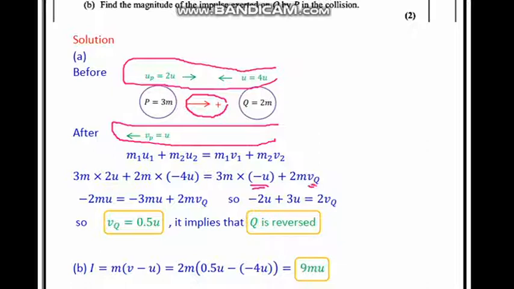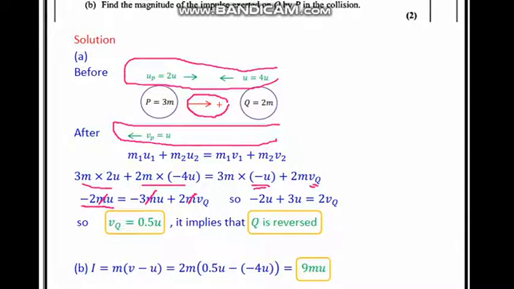we don't know. Then to simplify, 3 times 2 will be 6, 2 times 4 will be negative 8. Now we have 6mu minus 8mu, which is negative 2mu, and here we have 3m multiplied by negative u, which is negative 3mu, plus 2mvq. And now we can remove m from all parts, as if we divided the whole thing by m: negative 2u plus 3u equal to 2vq.